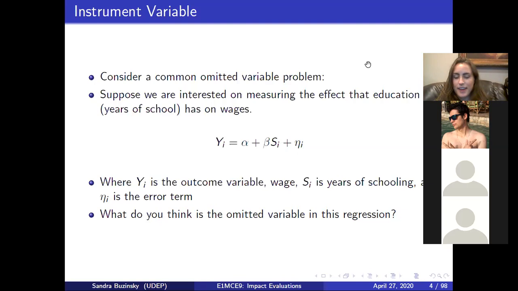Let me ask that again. If we have ability as our omitted variable, will our beta on the effect of education on the wage be overstated or understated?